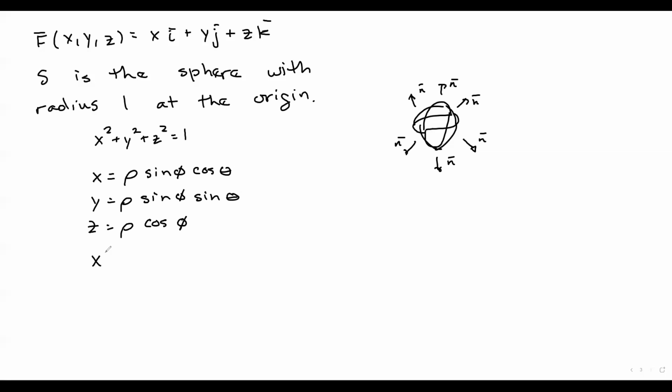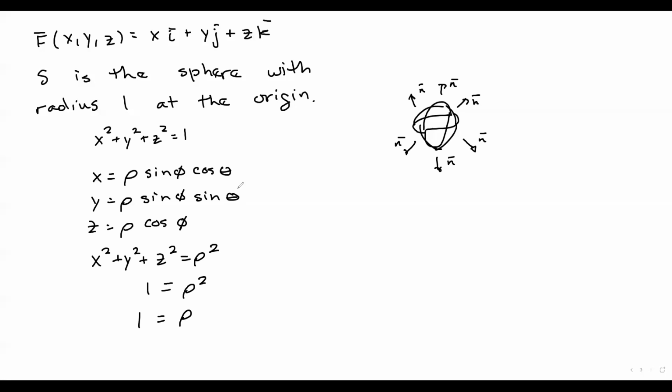We also know that x squared plus y squared plus z squared equals rho squared. And looking at our equation up here, x squared plus y squared plus z squared equals 1. So we can pop that in. We get 1 equals rho squared, which tells us that rho equals 1.